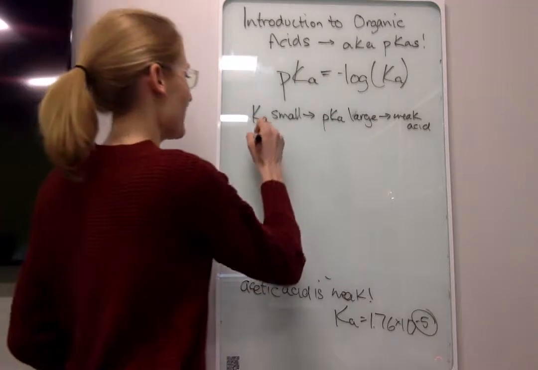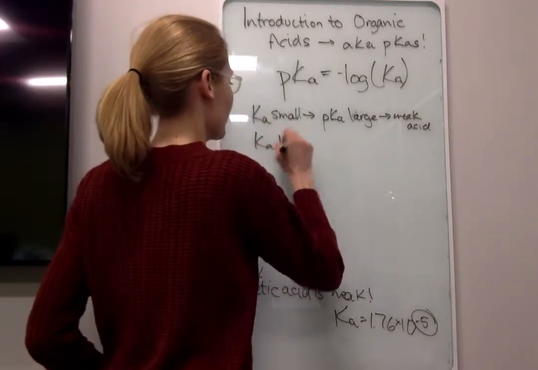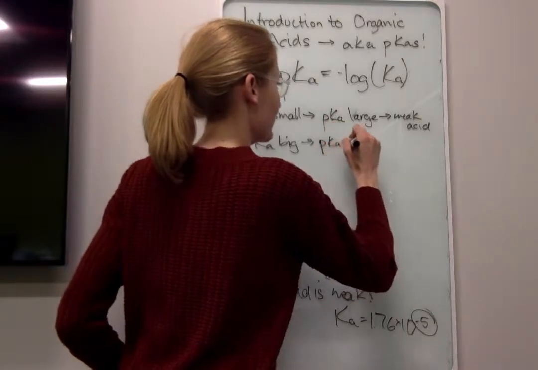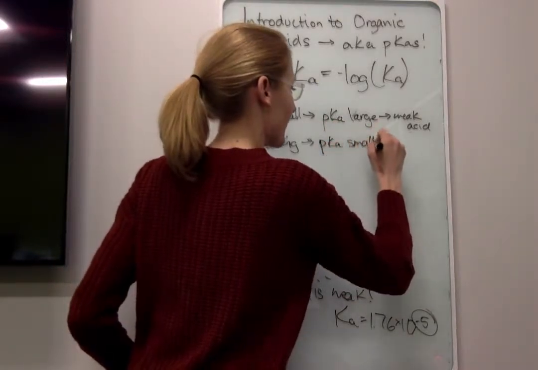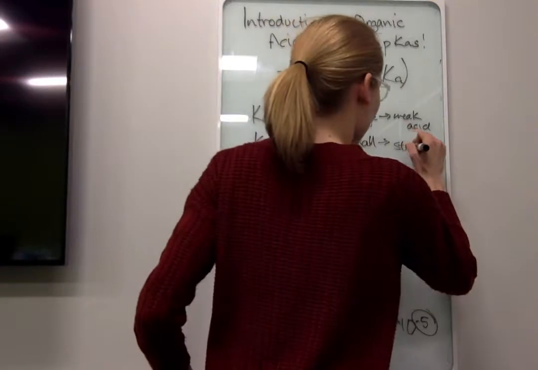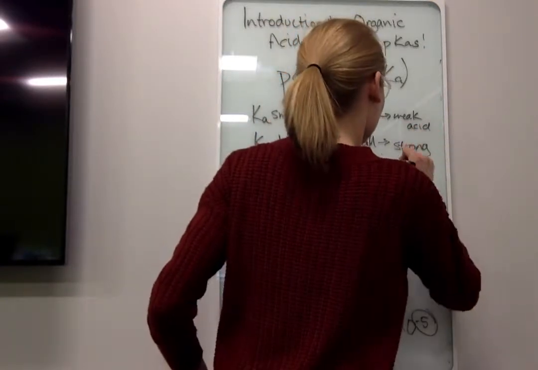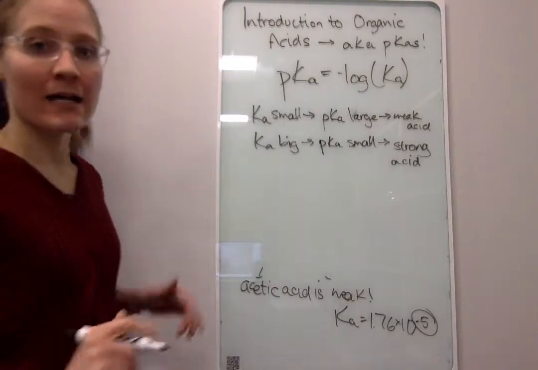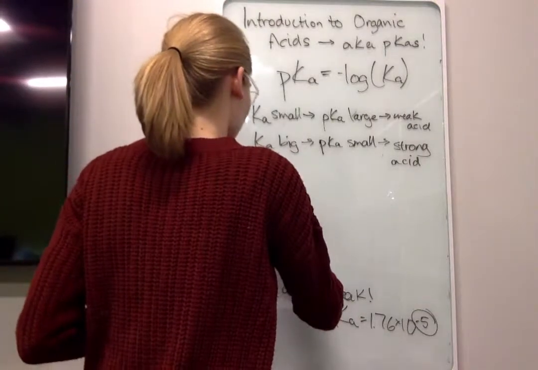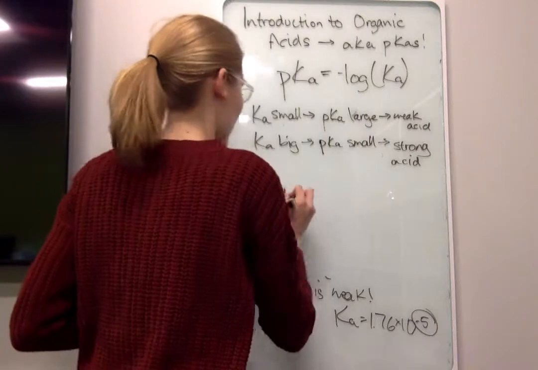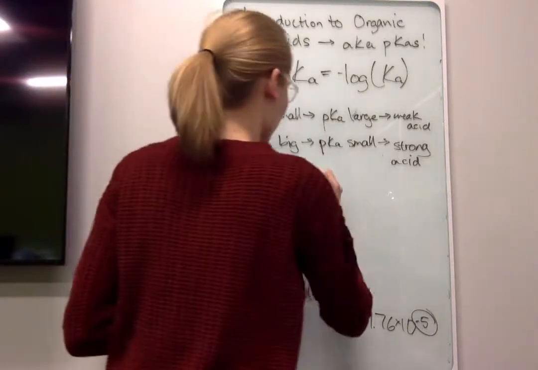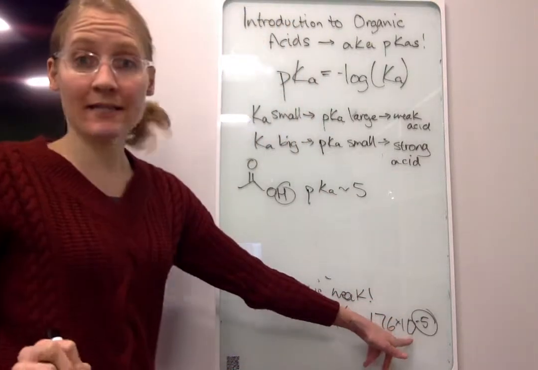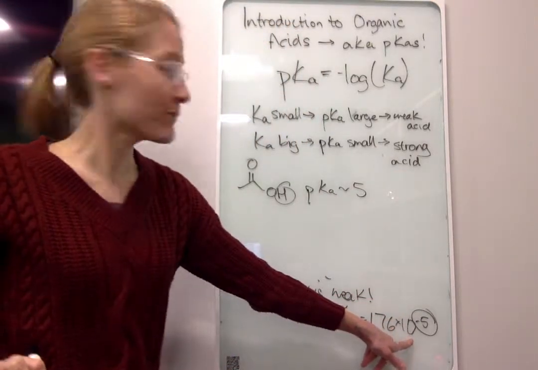And if Ka is big, pKa is small, and that's a strong acid. So, kind of to put this in context, acetic acid, the pKa of that proton is about 5 because its Ka is 10 to the negative 5.